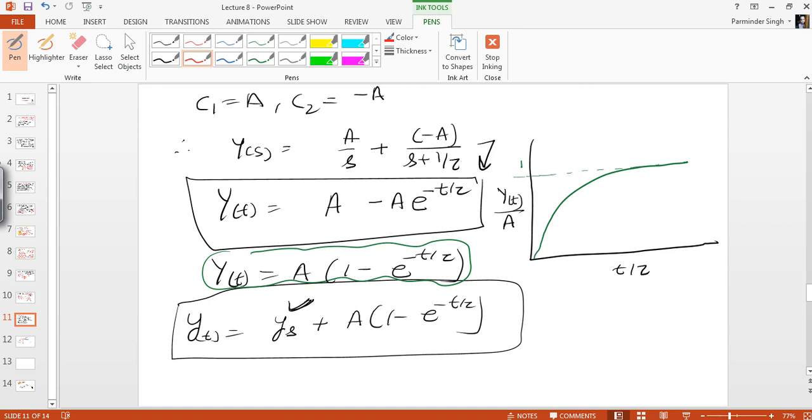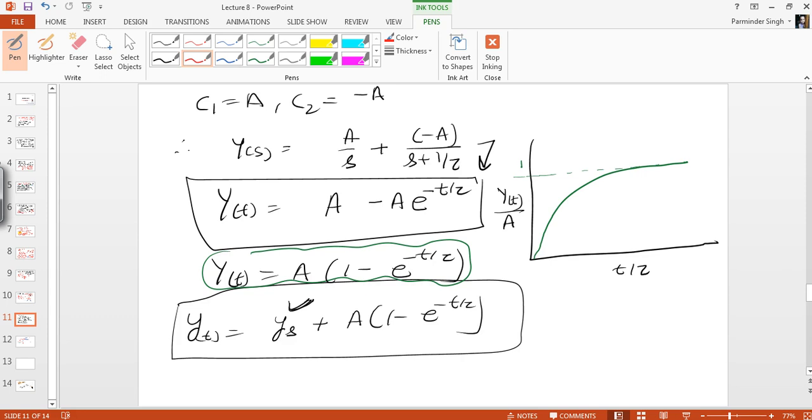If the initial rate is maintained, you can clearly see initially the rate is very fast, but as the time proceeds the rate becomes slower and slower, and it becomes horizontal. So that is what it is. Initially if the thermometer is at steady state, let's say 30 degree, once you suddenly change the temperature to 70, what will happen?